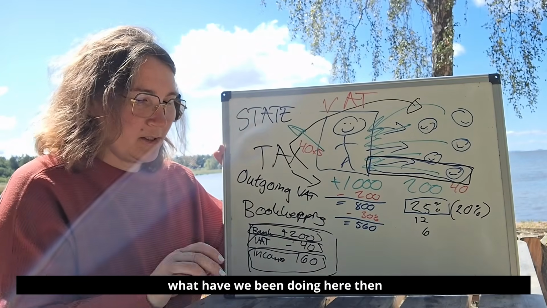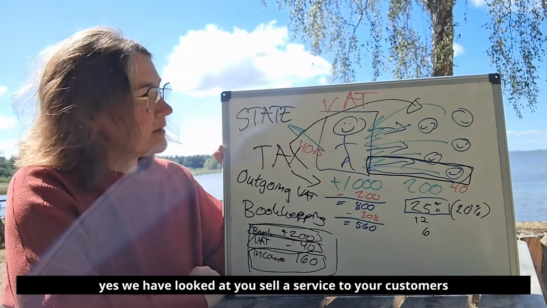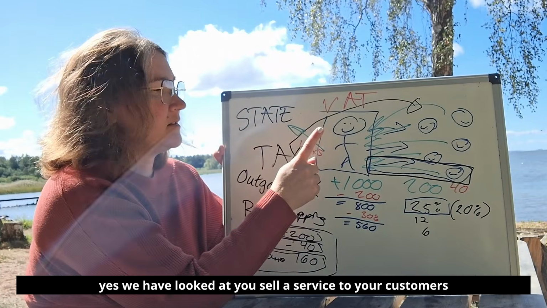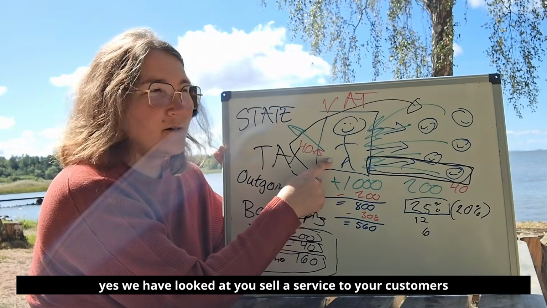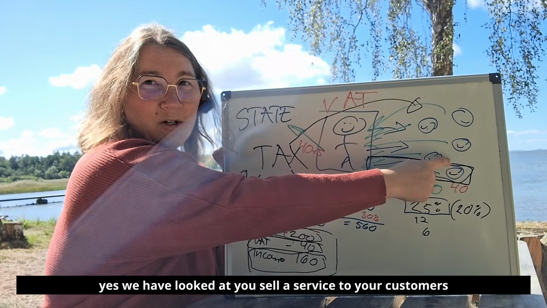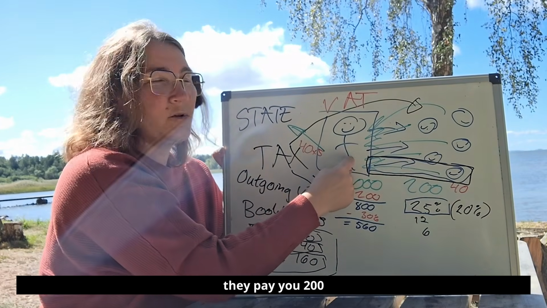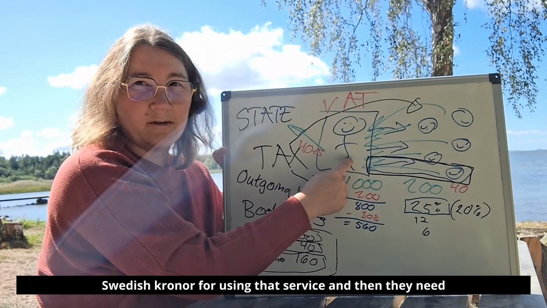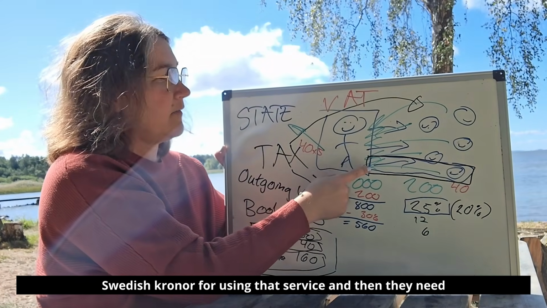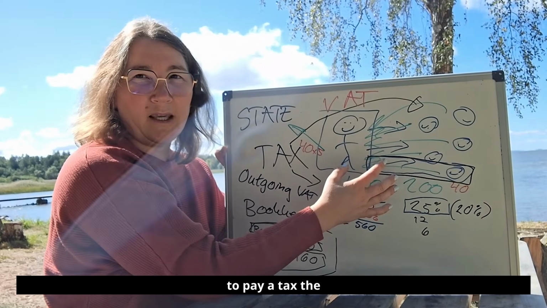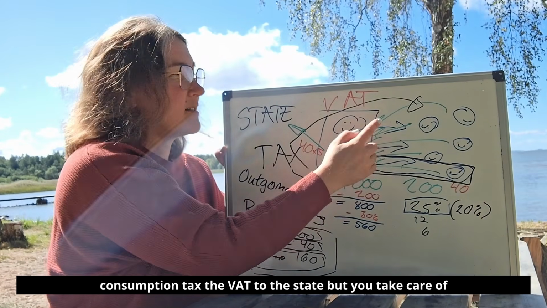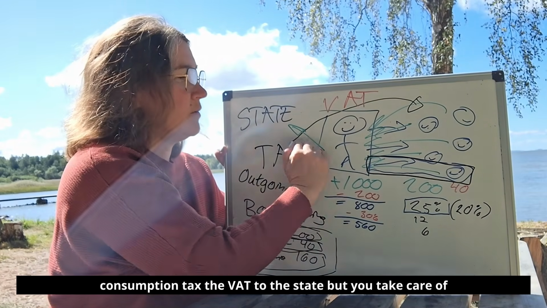So what have we been doing here then? Yes, we have looked at how you sell a service to your customers, they pay you 200 Swedish kronor for using that service. And then they need to pay a tax, the consumption tax, the VAT to the state, but you take care of that.